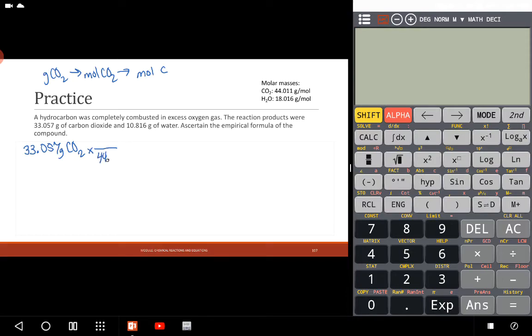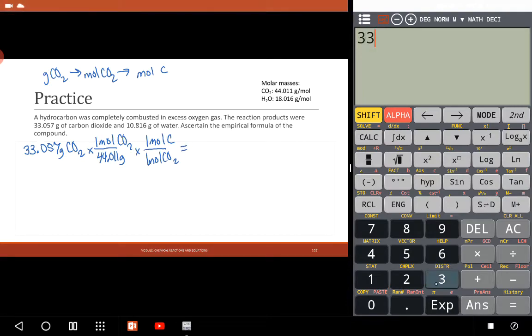So we divide by the molar mass in order to get moles of carbon dioxide. Now for every 1 mole of carbon dioxide, I have 1 mole of carbon. That's based on the subscripts in the chemical formula.